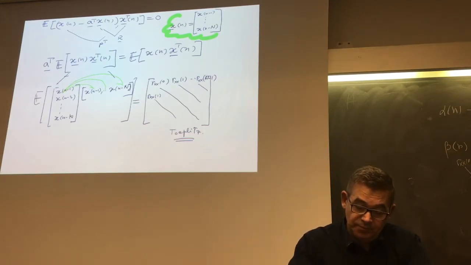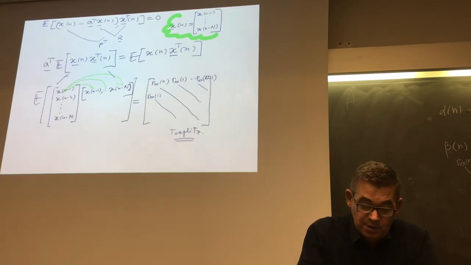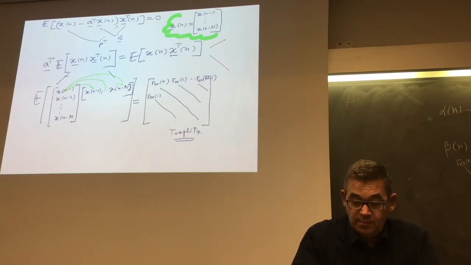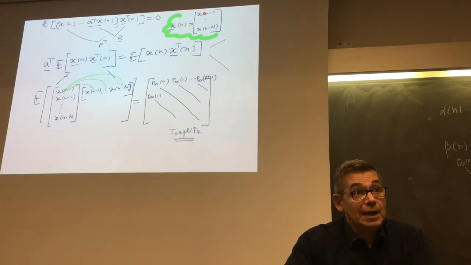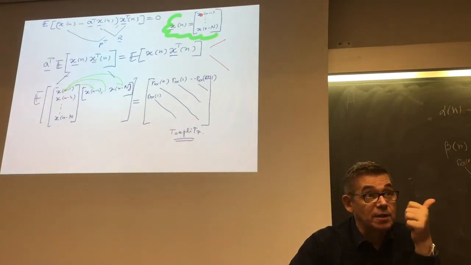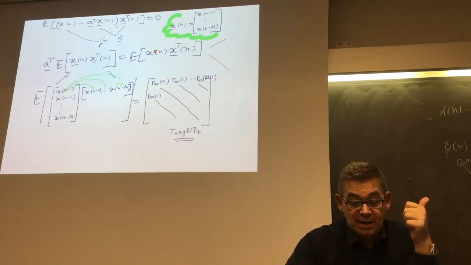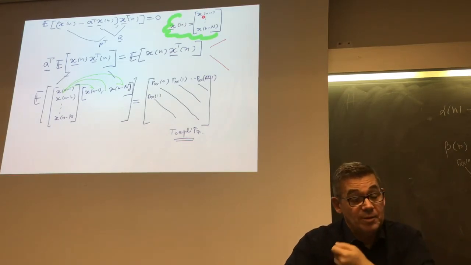What are the others? We found that one. Now we can find this one. Now this vector is xn multiplied by xn minus 1, taking the expectation, which is the autocorrelation at 1. Then I have xn minus 2, which is the autocorrelation at 2, and so on.